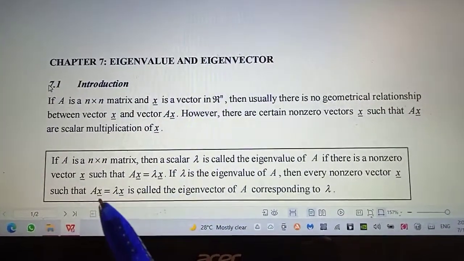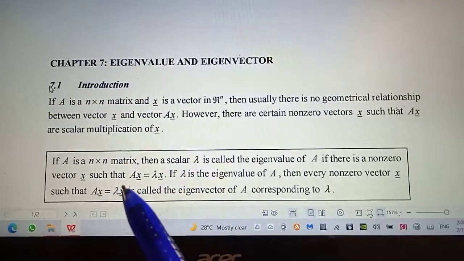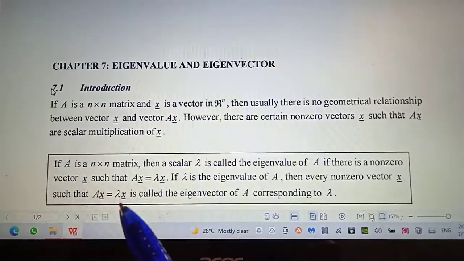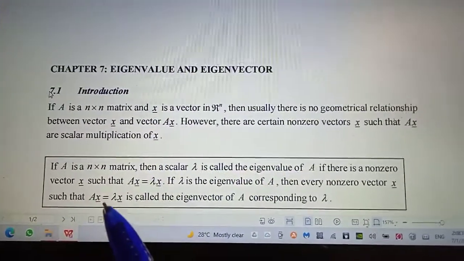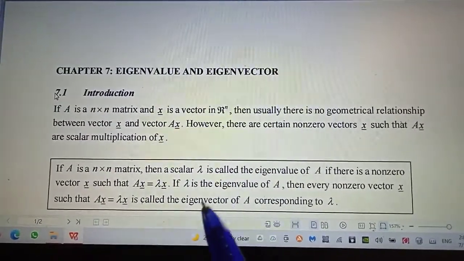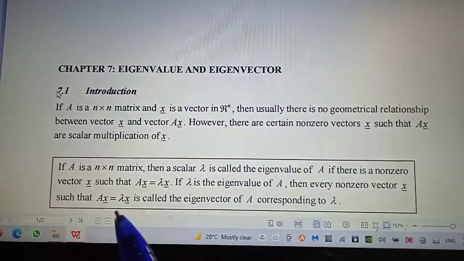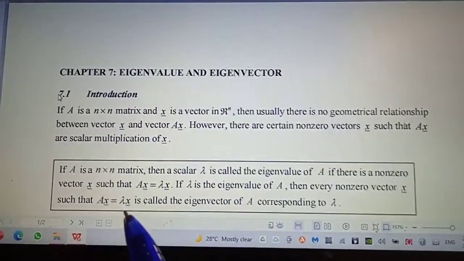The solution for x: once we obtain lambda, the scalar, we are able to find vector x. The vector x itself is called the eigenvector of A that corresponds to scalar lambda.